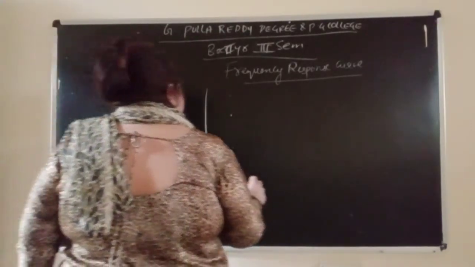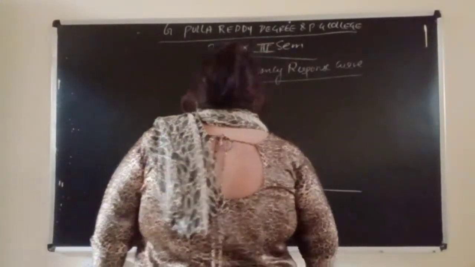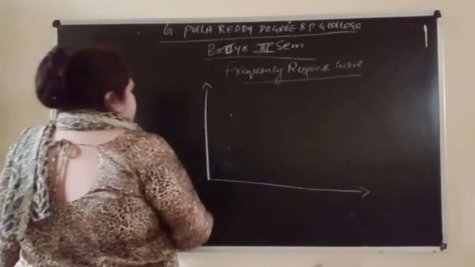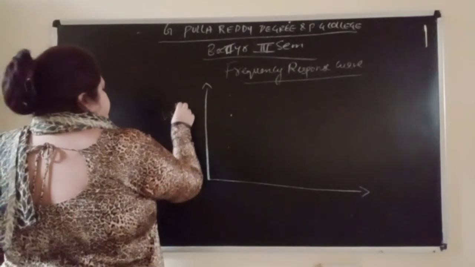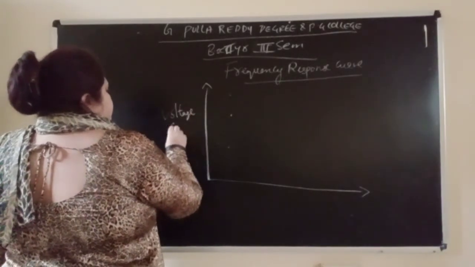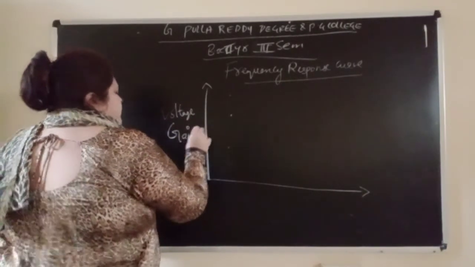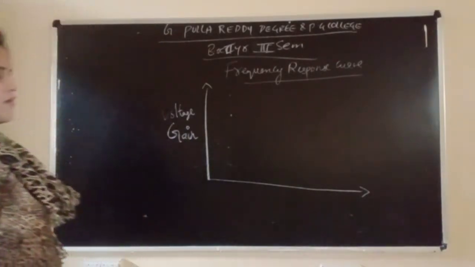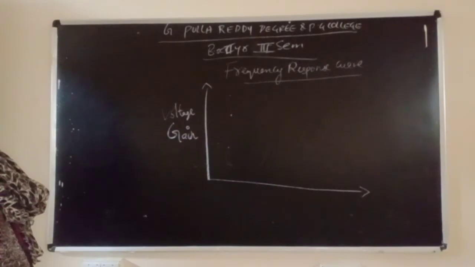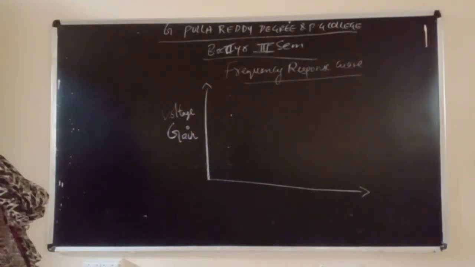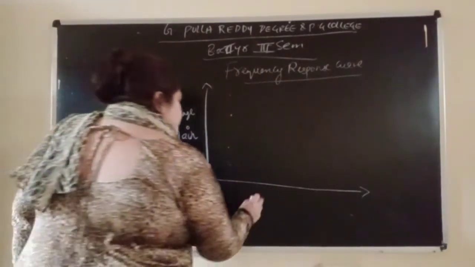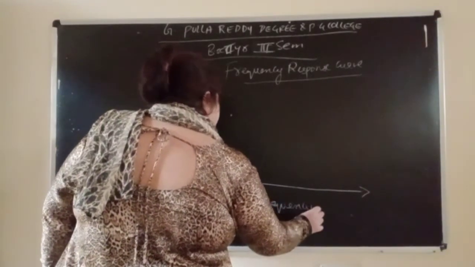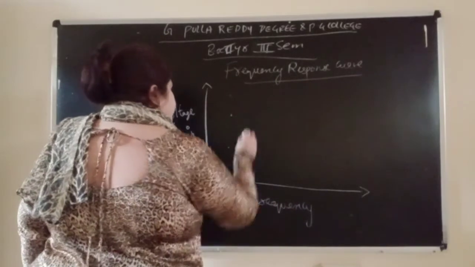It is very simple. Here you should write voltage gain, then here you should write frequency. Frequency is divided into three regions.